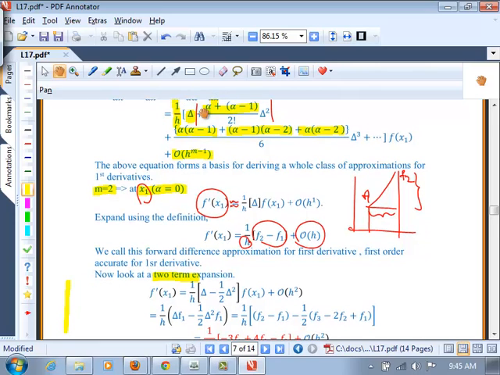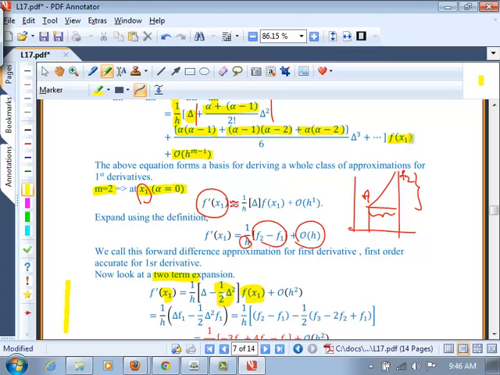If I had put alpha equal to 1, I would be calculating the derivative at x2, but this would still be operating on f of x1, because my reference point determines what that function is operating on. Where I am evaluating is determined by my alpha value.